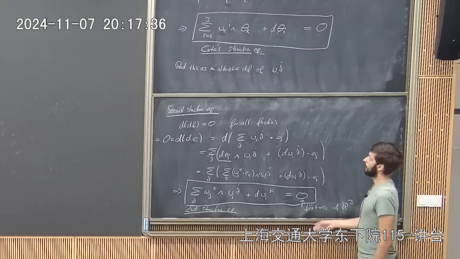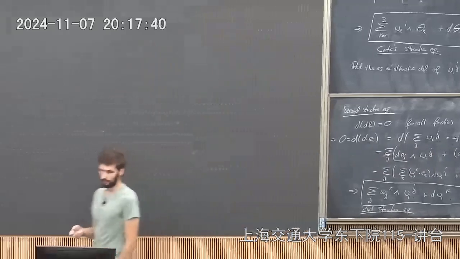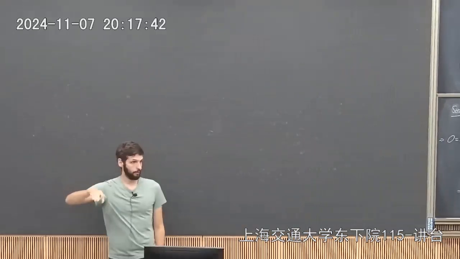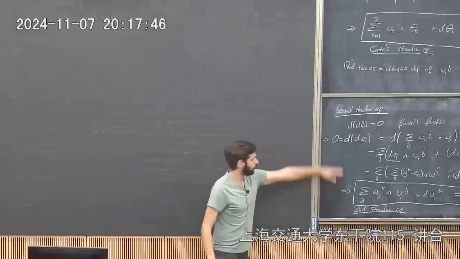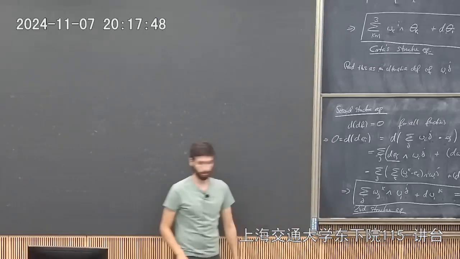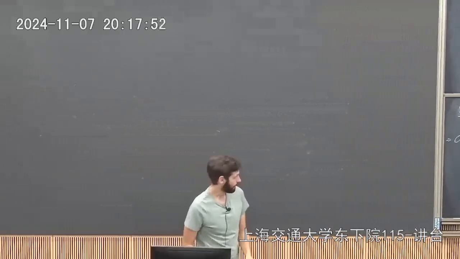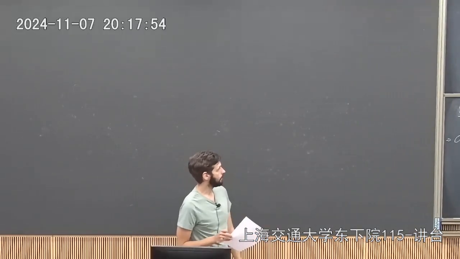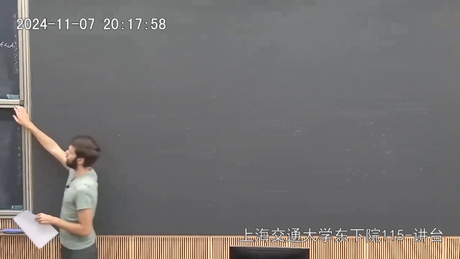So that's the general philosophy: how we get from these one forms to connection forms, and then to the curvature. So that's the general idea.